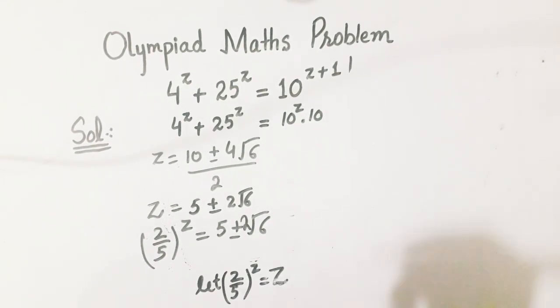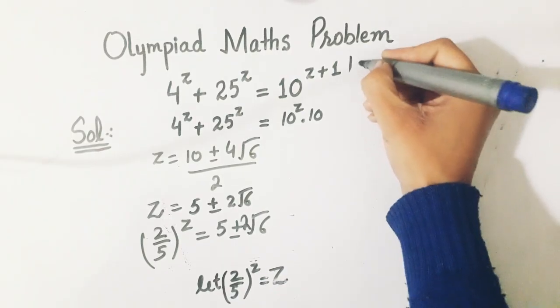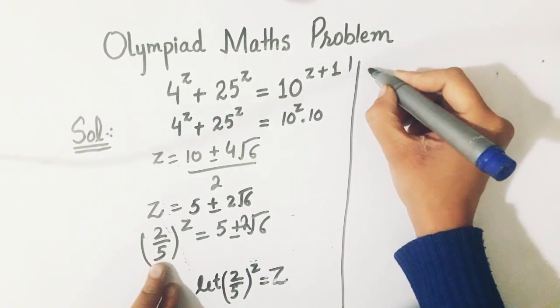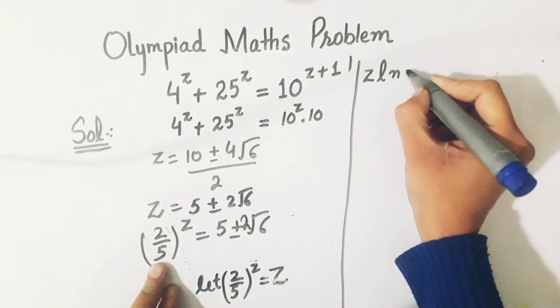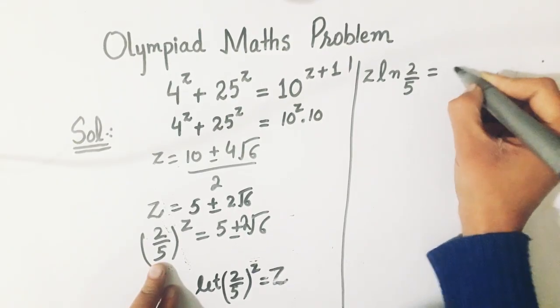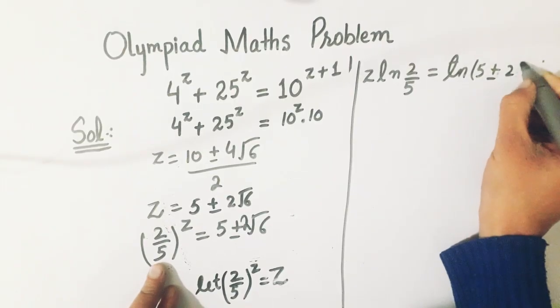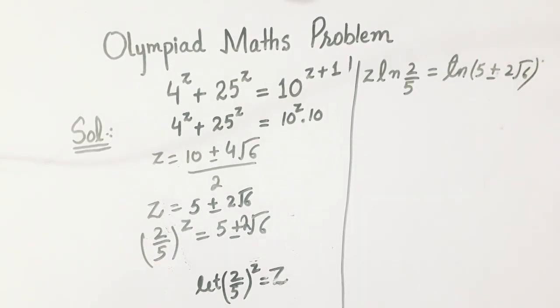So solve this further. We will take the log on both sides. So z ln 2 by 5 equals ln 5 plus minus 2 root 6. Now you have to find just the value of z. For this purpose, we will solve this.